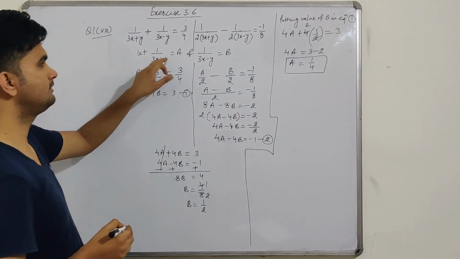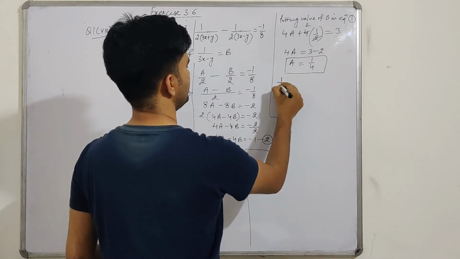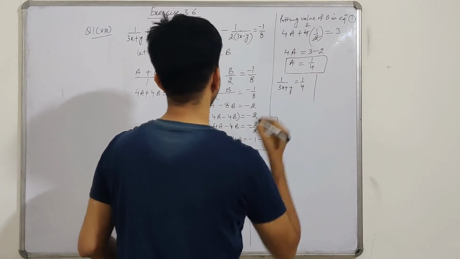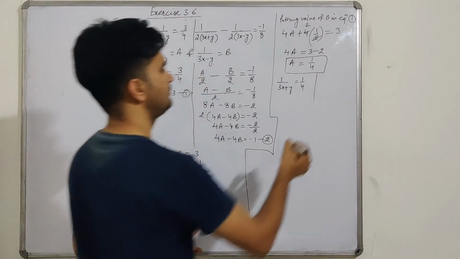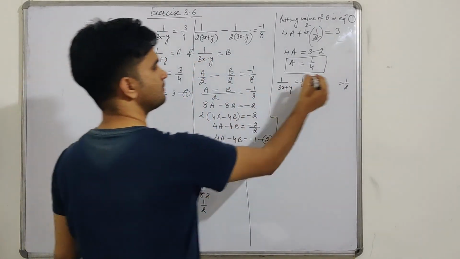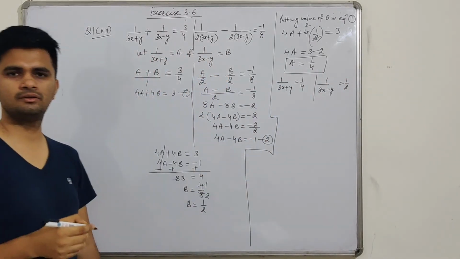Now see here, what is a? A is 1 over 3x plus y is equal to 1 by 4. And what is b? Here b is 1 by 2 and actually b is 1 over 3x minus y.